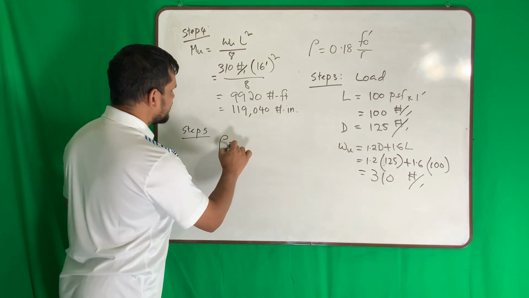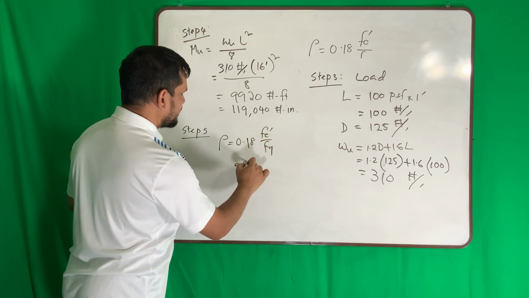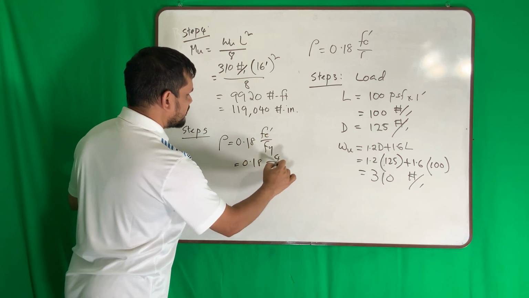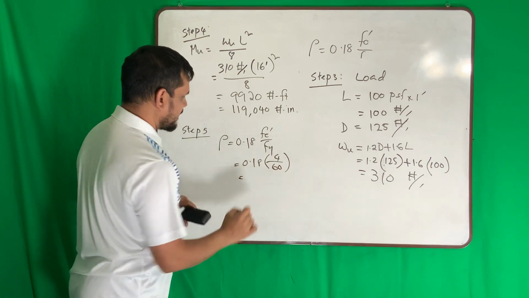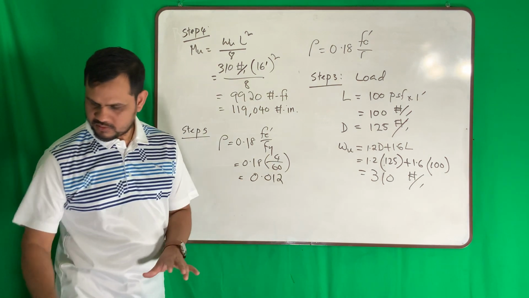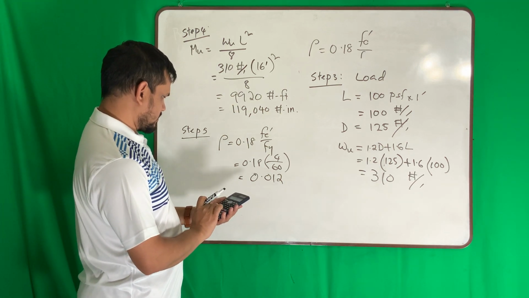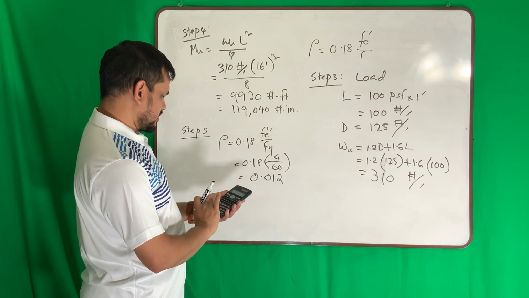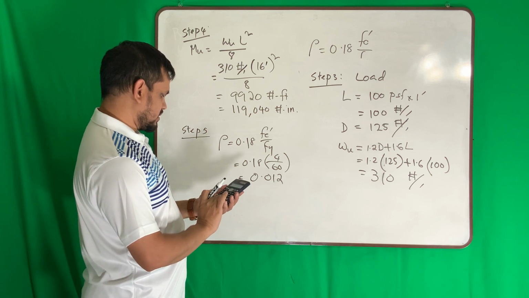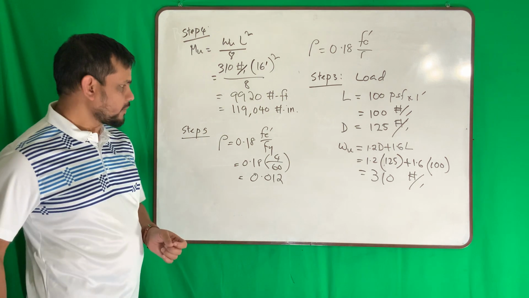But rho is already given: 0.18 f'c over fy. 0.18 times 4 over 60, I know it will be 0.012. Let us check. 4 over 60 times 0.18, yes, 0.012. So we got our rho.